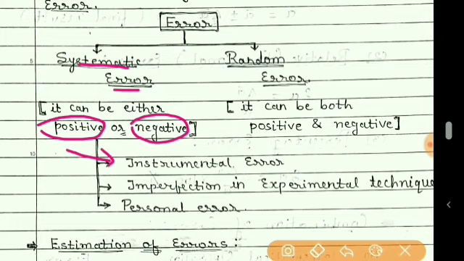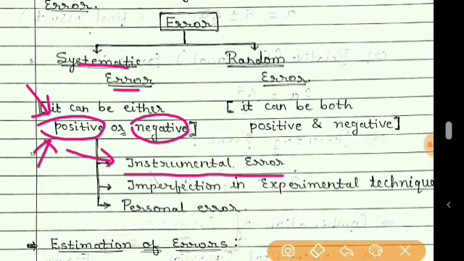So it can be due to instrumental error. Means if the instrument has error or if it is defective, then it will show one kind of error. If the instrument is showing a positive error, then that instrument will always measure with values which have error, and always that error will be positive for that instrument.